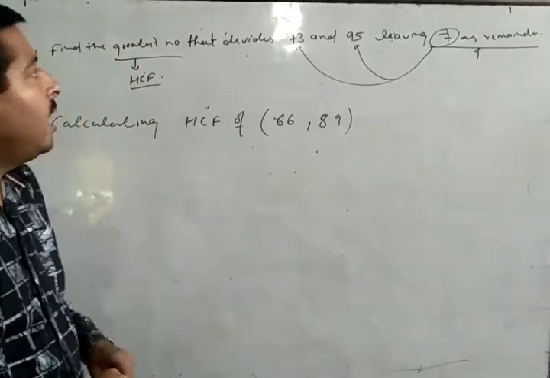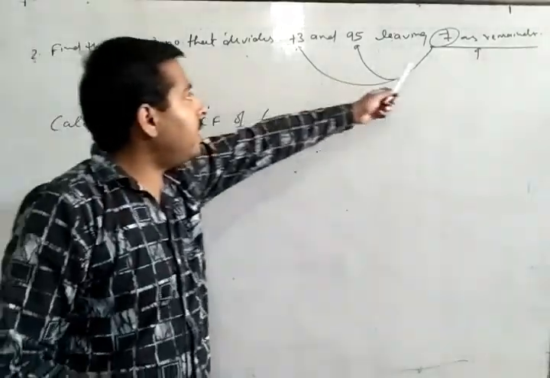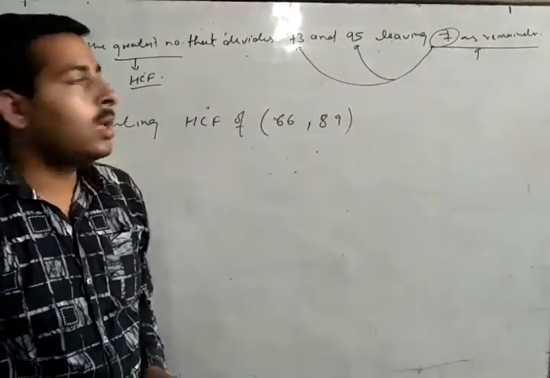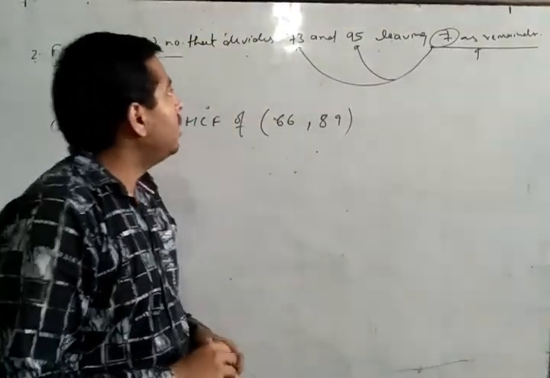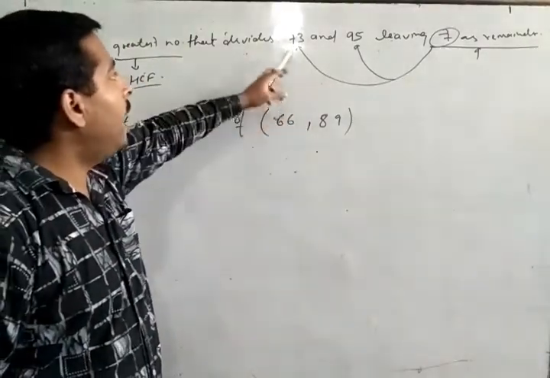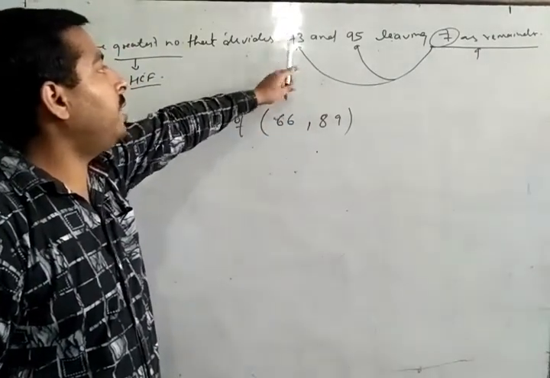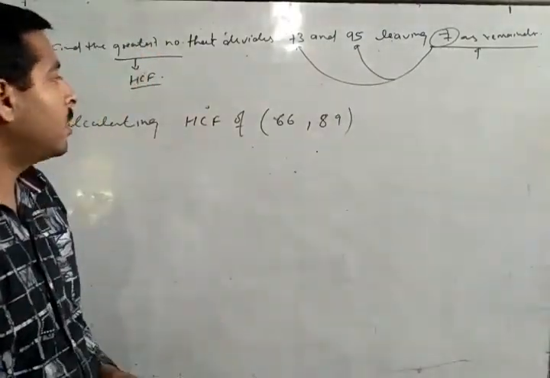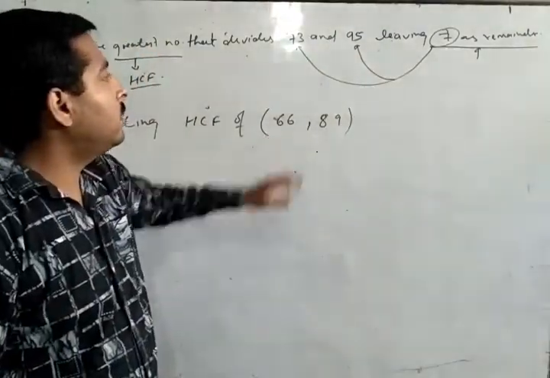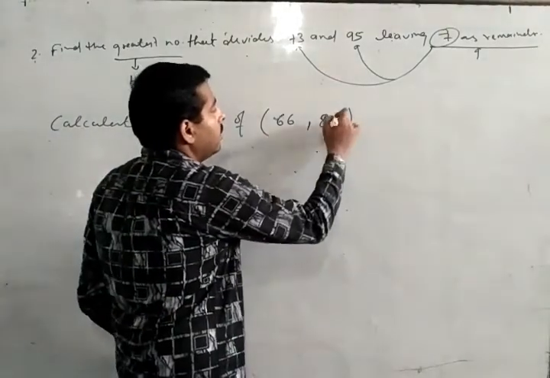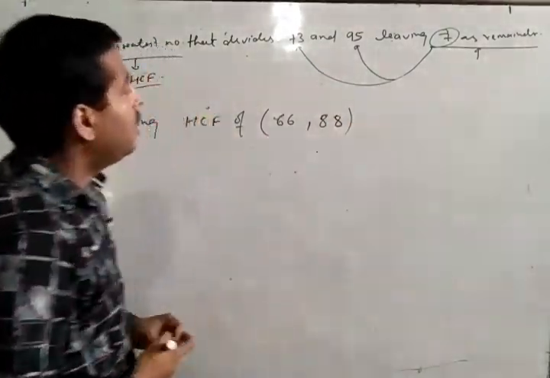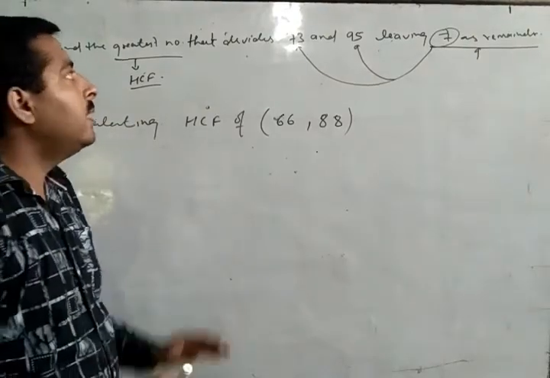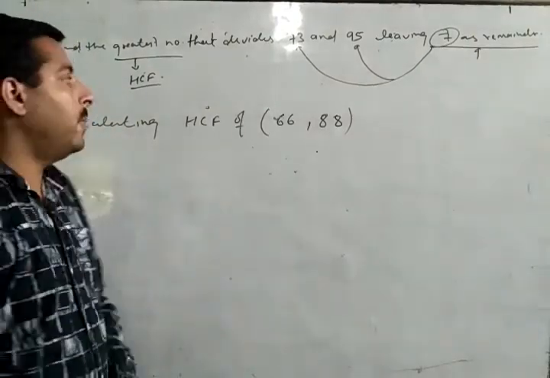What I have done is subtract the remainder from the numbers. 7 was the remainder and I subtracted 7 from 73 and 7 from 95. So we get 66 and 88. Now we have to calculate the HCF of these numbers.